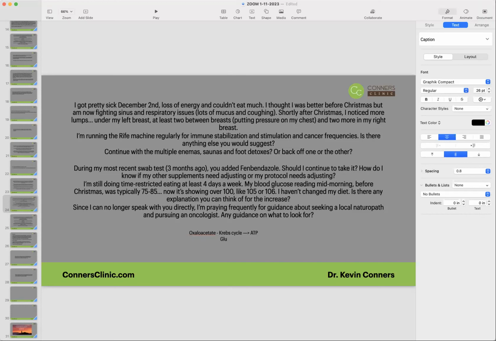So you need glucose, right? Glucose is broken down through glycolysis to make pyruvate. Ultimately pyruvate will break down to make lactic acid.